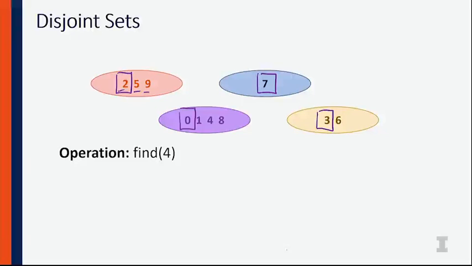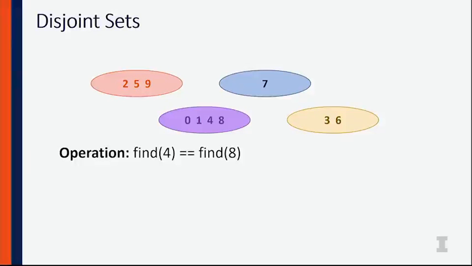So when we find the element 4, we're going to return the set identity for that element. So here, finding 4, we say the set identity of that element is 0. Likewise, one operation that we need to ensure is consistent is that find of 4 has the exact same value as find of 8.